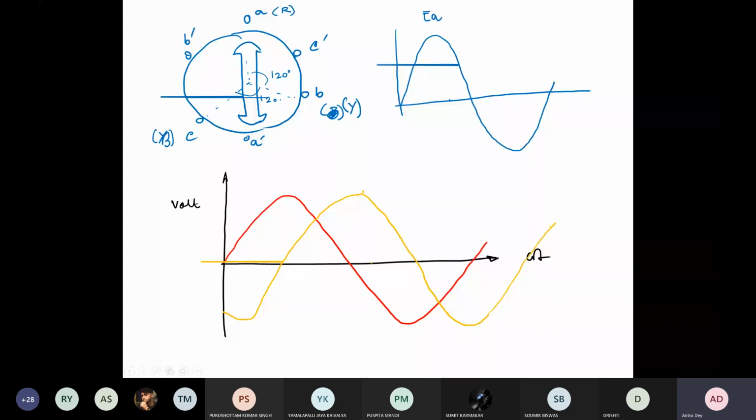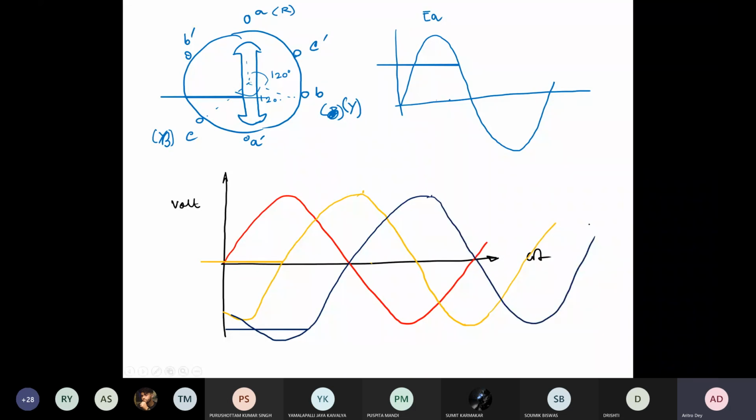Then again, when the yellow phase has its peak, then after 120 degree, the blue phase will have its peak, right? So somewhere this is 90. So somewhere here you will have your peak, so it will look like this.